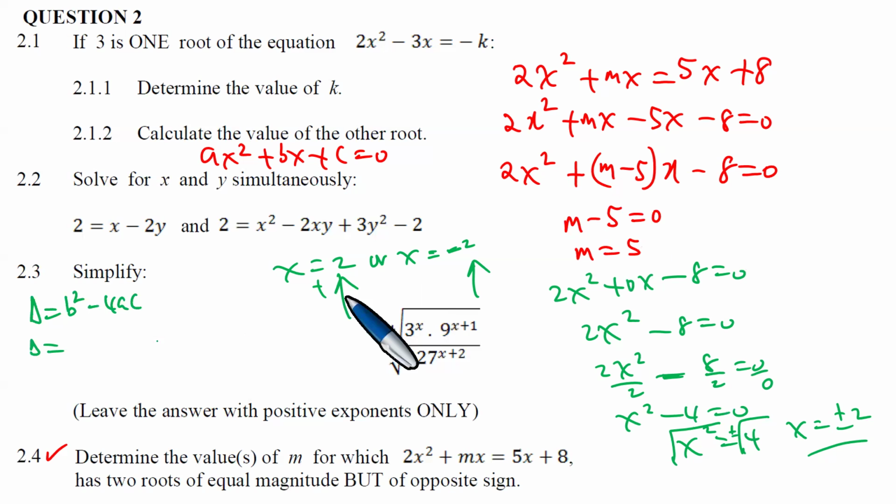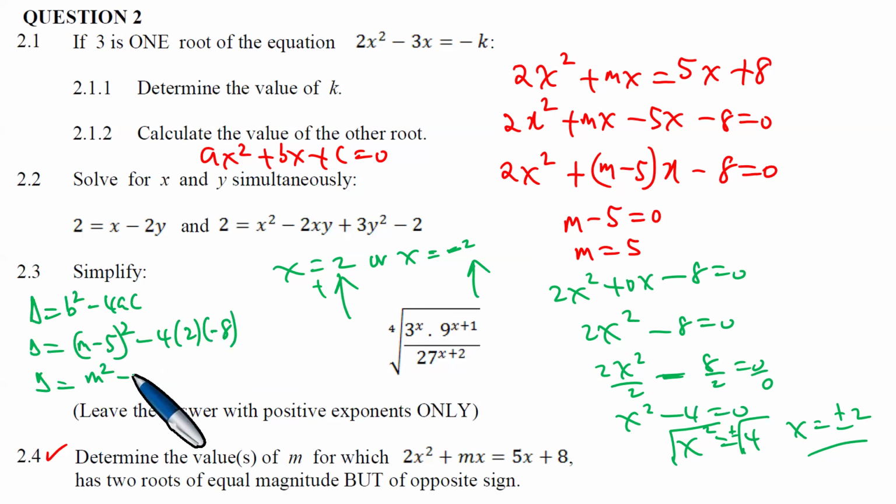Because it's already in standard form, b is m minus 5, a is 2, and c is minus 8. That gives the discriminant equals m squared minus 10m plus 25 plus 64, which is m squared minus 10m plus 89.